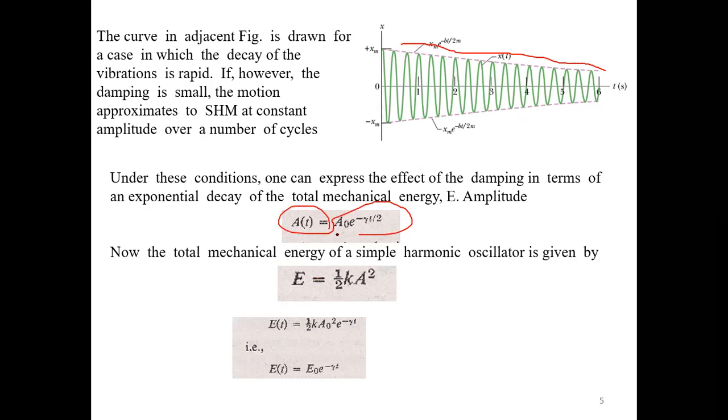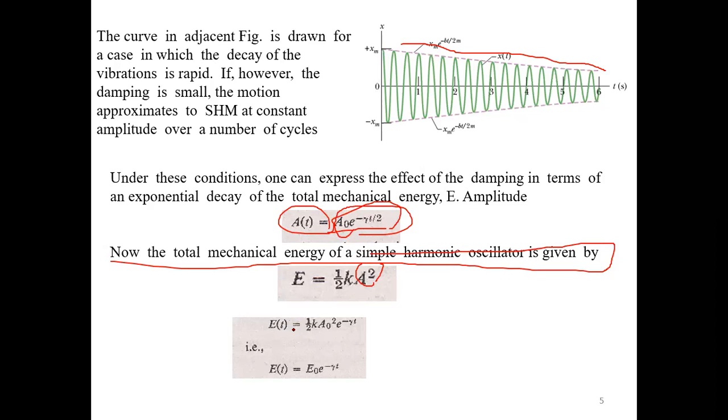If the amplitude decreases, the total mechanical energy of the simple harmonic oscillator, which we have studied is half k A squared, where A is the amplitude. Previously, in simple harmonic motion, the amplitude remained constant, but in this case, the amplitude is decreasing exponentially.